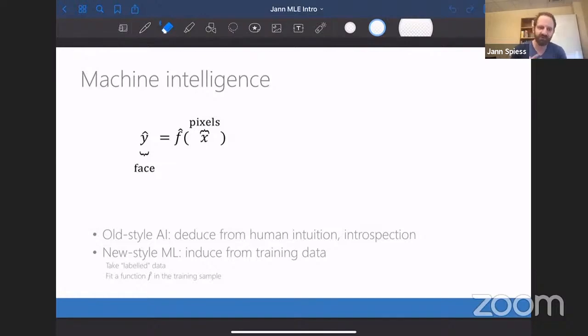What I found very surprising is that it felt much more like statistics. You take some training data and you induce a relationship between some X variable, like the pixels in the image case, and some outcome variable, like is this a face or not, very much in a way that you would have done in statistics.